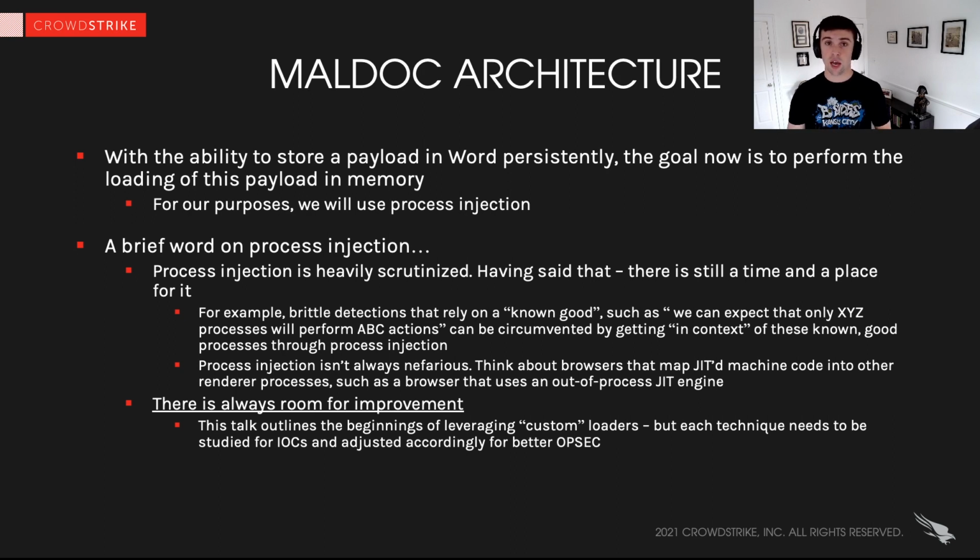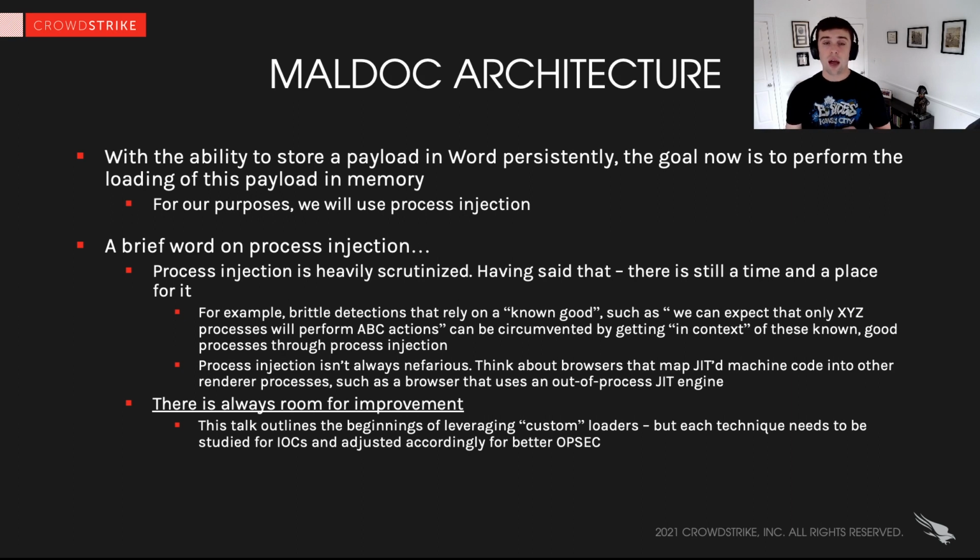One of the reasons, as we'll see shortly, are browsers that map dynamically generated machine code through a process called just-in-time compilation into a renderer process which a user interfaces with. This is done through what's known as out-of-process JIT engines. And again, as underlined, there is always room for improvement.